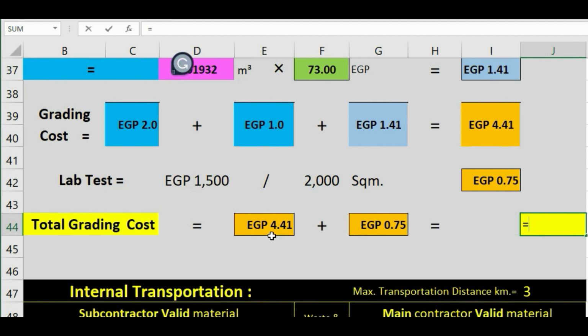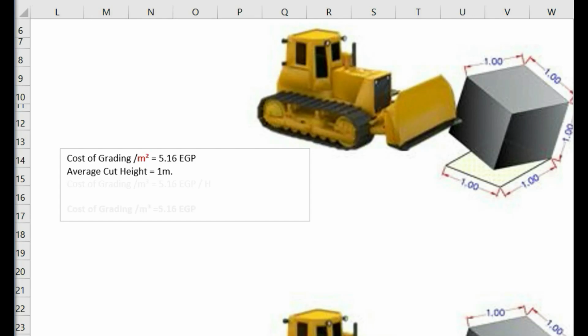Let's check. Plus 0.75. It means that total grading cost, including tests for each meter square, equals 5.16. So the grading cost in meter square equals 5.16 Egyptian pound.